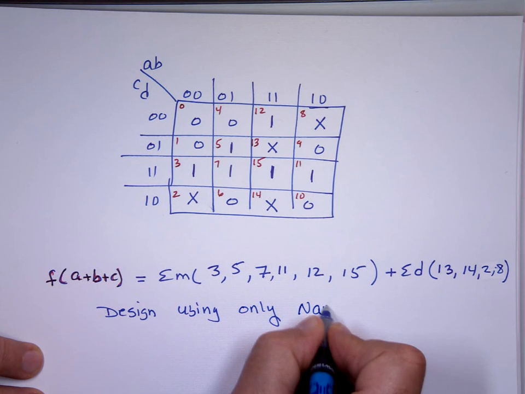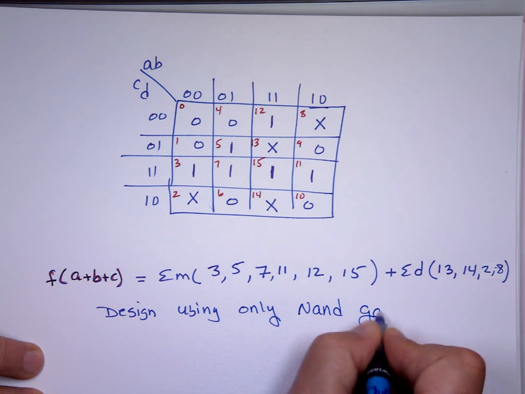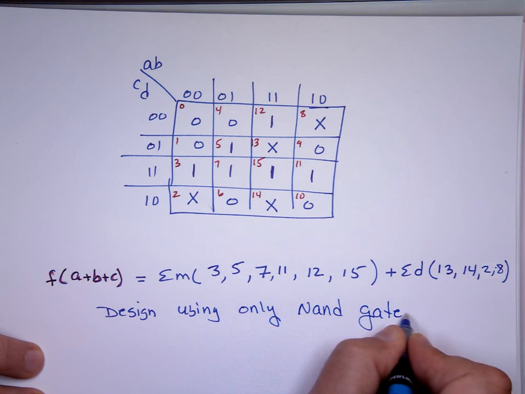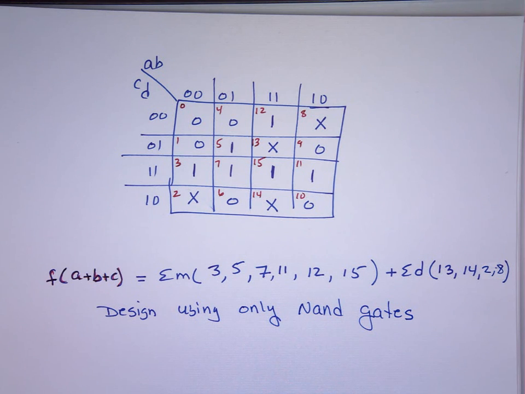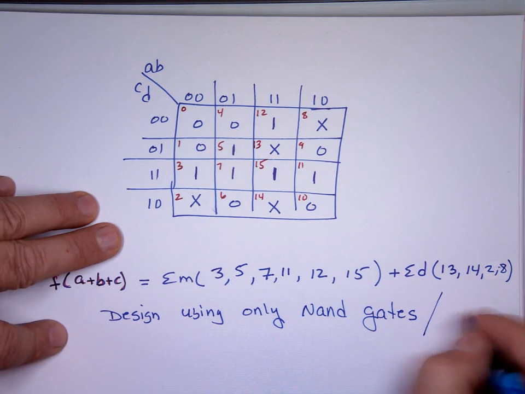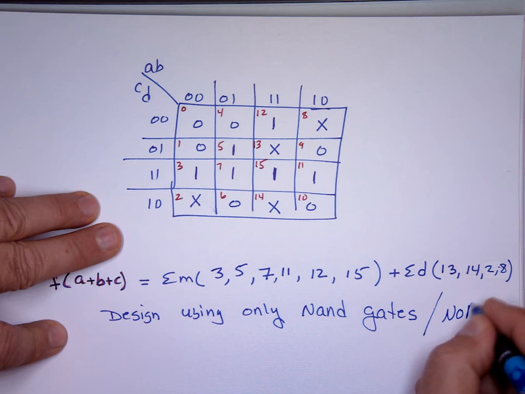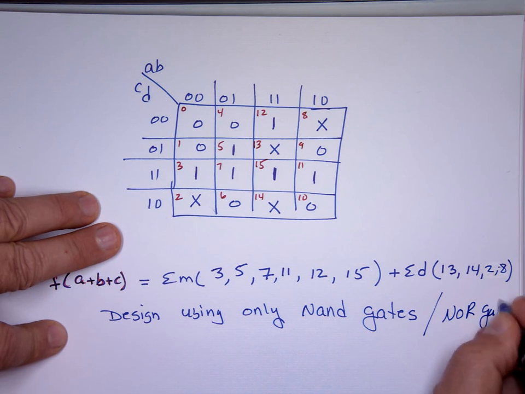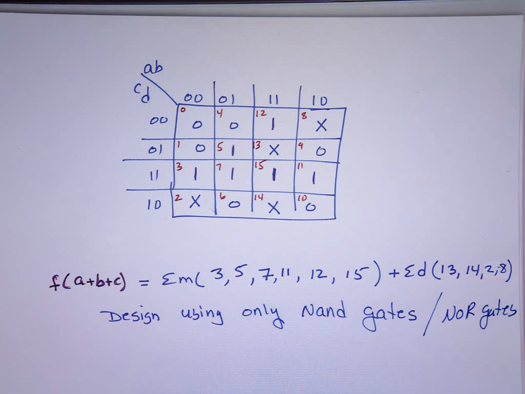And if I have time, I might come back and say, you know what, let's try it also with only NOR gates. Do it twice. Only NAND, the first part. Part 2, only NOR gates. That's it.